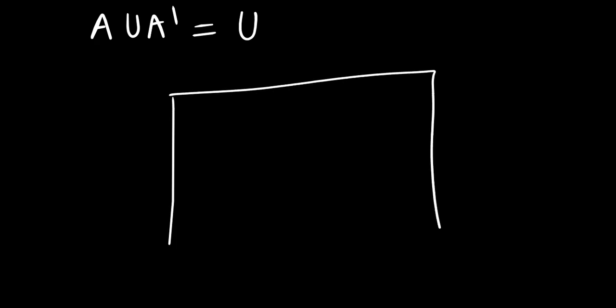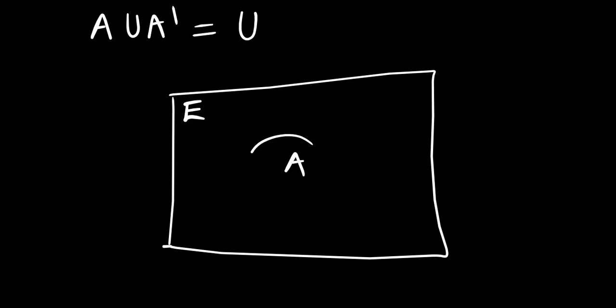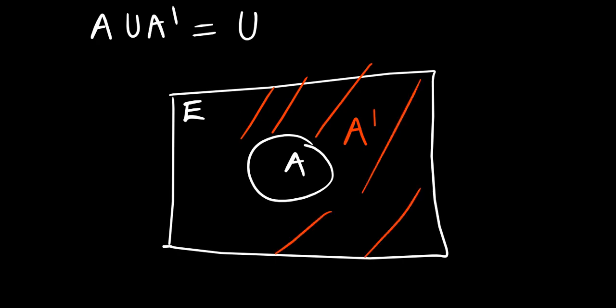So the first law, we are saying A union A complement is going to give you the universal set. Now that is very obvious. If this is the universal set, not really drawn to scale, let's say this is A. A complement will be everything that is not in A. And if I shade A complement, it is that.